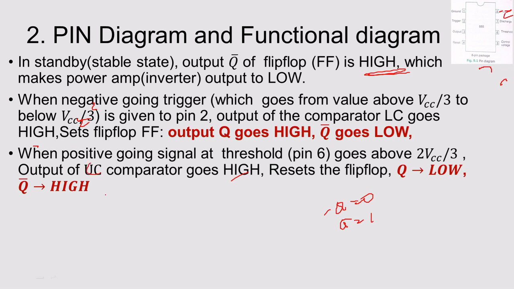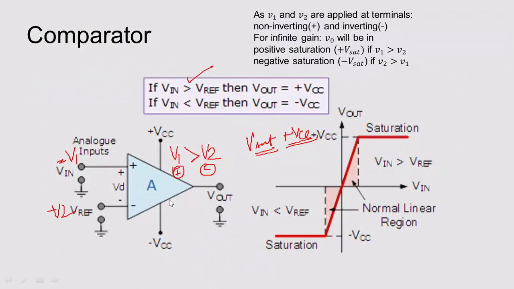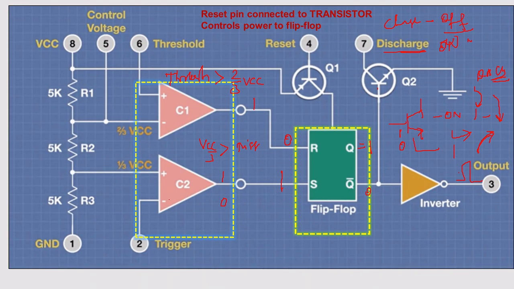For the lower comparator, VCC by 3 is connected to the comparator terminal. You can see here. The condition is: if 1 by 3 VCC is greater than this trigger input, this will turn on. S will be 1, Q will be 1, Q bar will be 0.